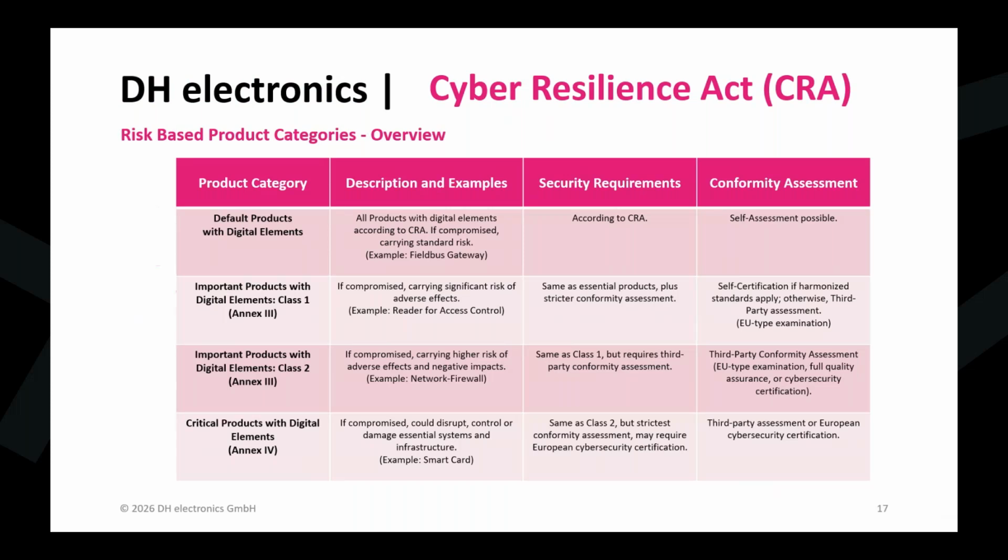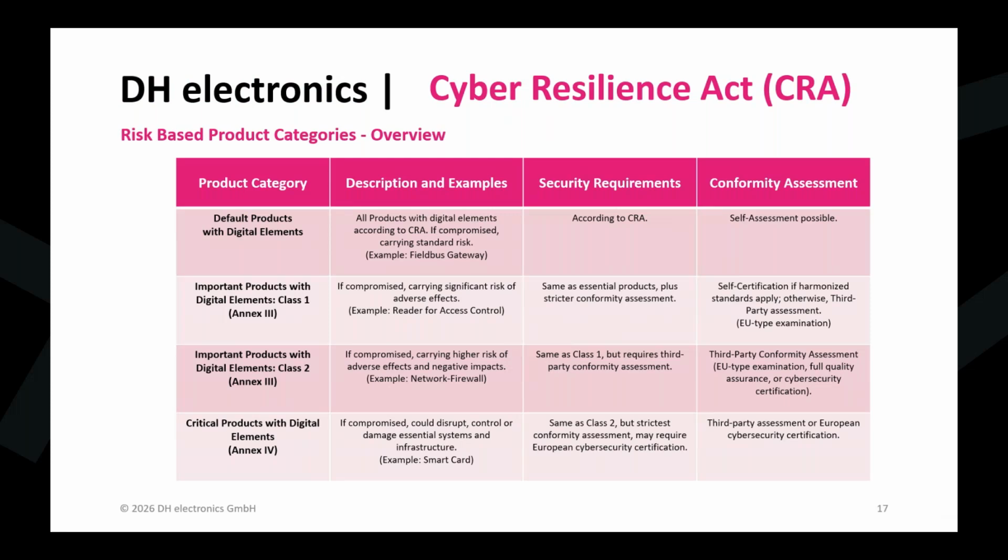This table summarizes the 4 categories. Column 1 shows the product category. Column 2 provides a short description and examples. Column 3 outlines the relevant security requirements, and column 4 indicates the type of conformity assessment needed for compliance.